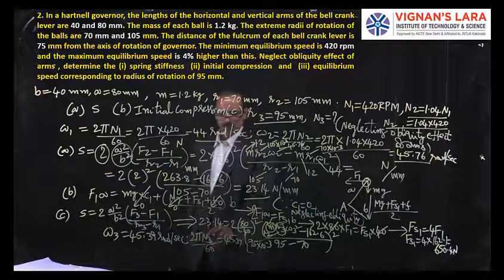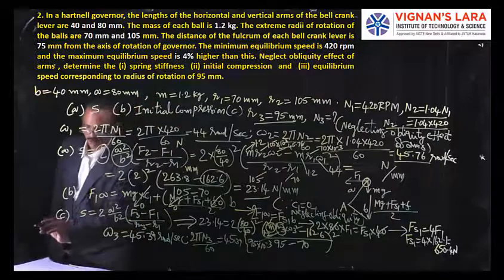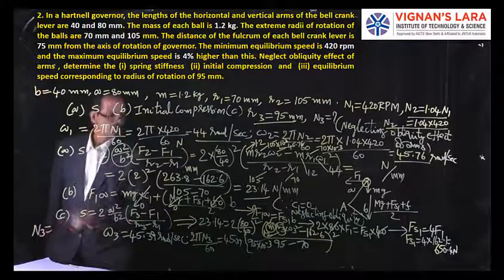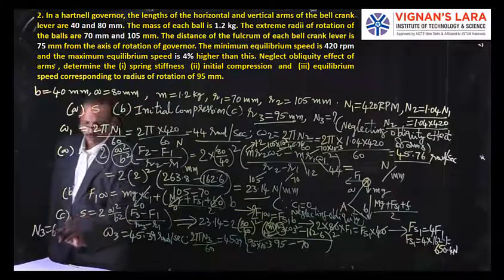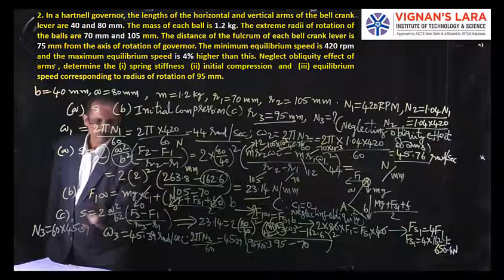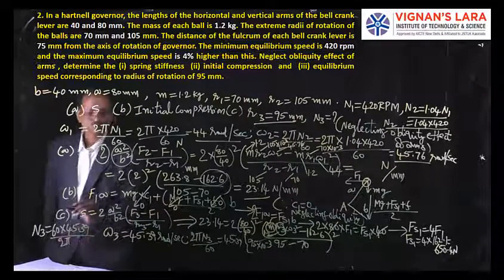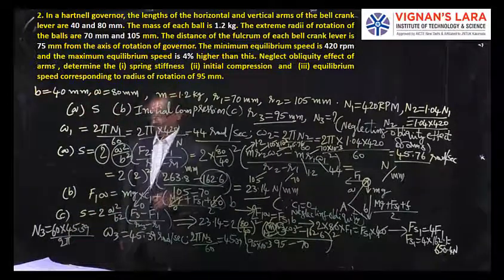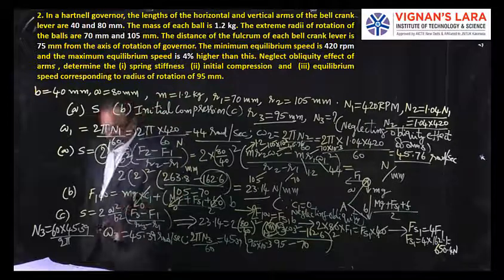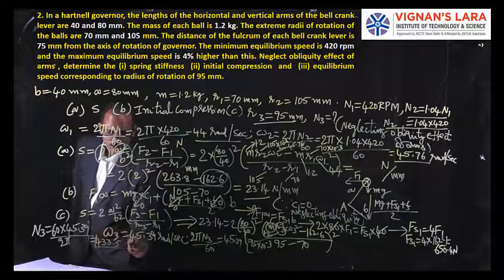Substituting, N3 is equal to 60 into 45.39 by 2 pi. Then you get the speed as 433.5 RPM.